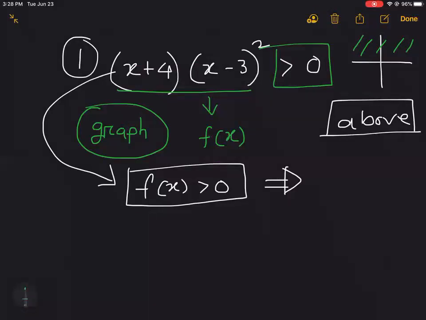Okay. Next, as we want to solve it, what do you understand when I say your functional value f of x is greater than 0? How do you interpret that graphically?